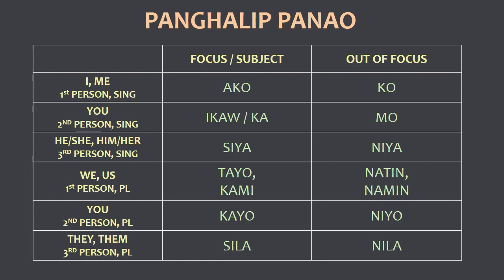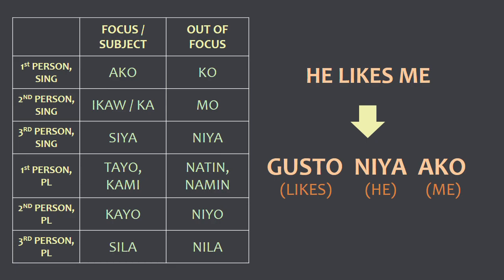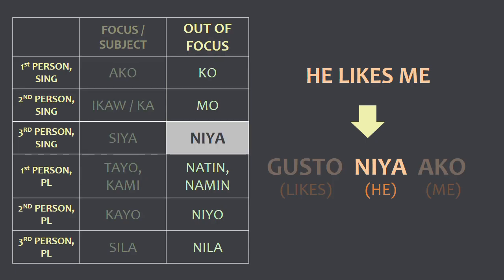It seems simple, right? However, it can get confusing for non-native speakers to decide which one to use because of sentences like this. He likes me, when translated in Filipino, is gusto niya ako. Oddly, we use the pronoun niya when referring to he, which is the subject of the sentence.